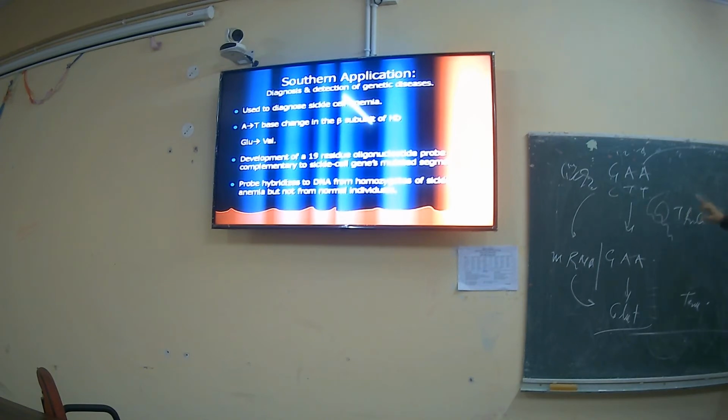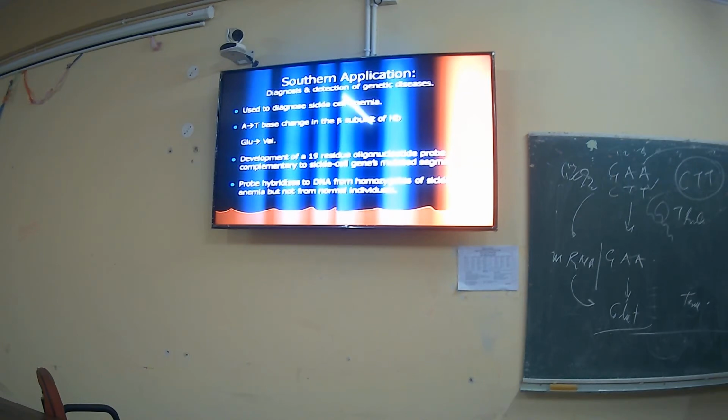In this case, suppose your probe is CTT. This probe can recognize only this sequence, the normal sequence. This probe will not bind to the complementary mutated sequence. So we can find out whether this one is mutated or non-mutated.